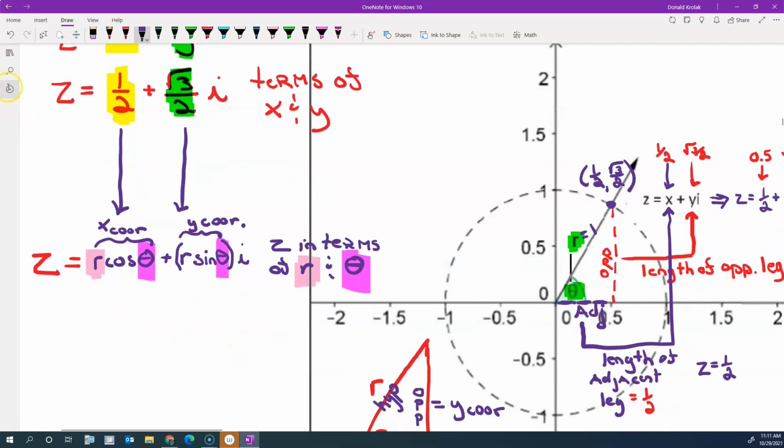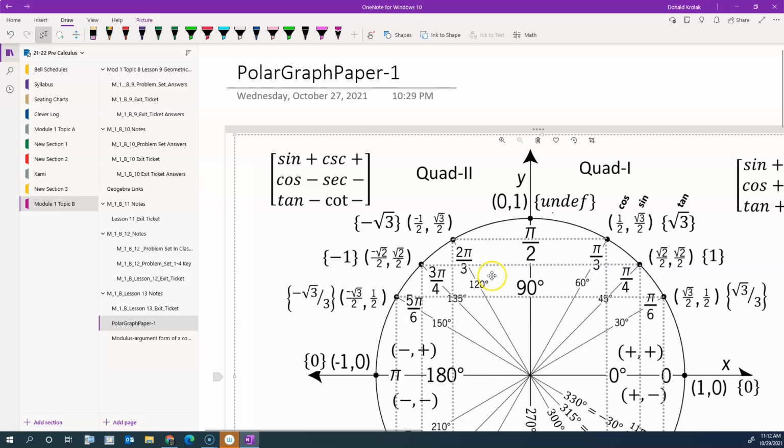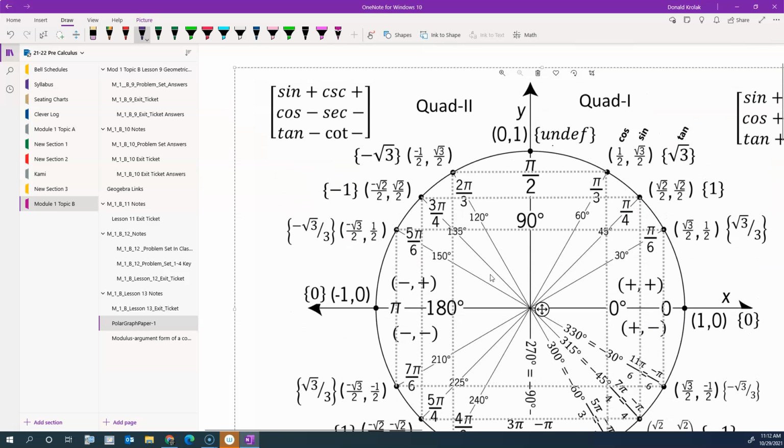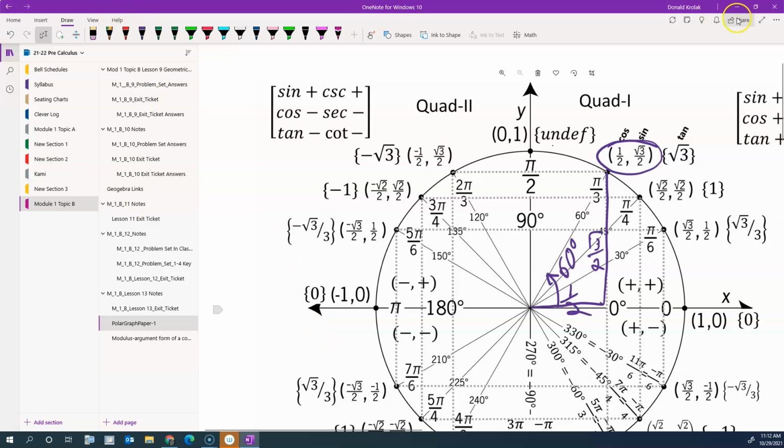Well, if you look at your unit circle, find those coordinates. Here they are. This length is 1/2, and this length is root 3/2, so this angle is 60 degrees. I figured that out because I knew the coordinates were 1/2 and root 3/2.